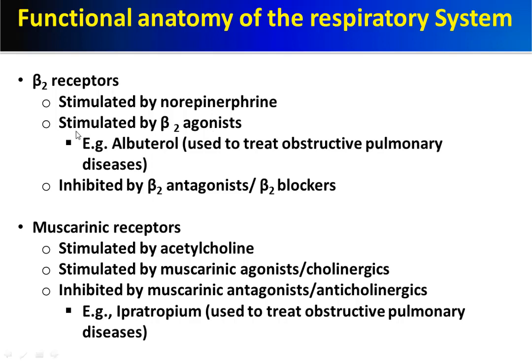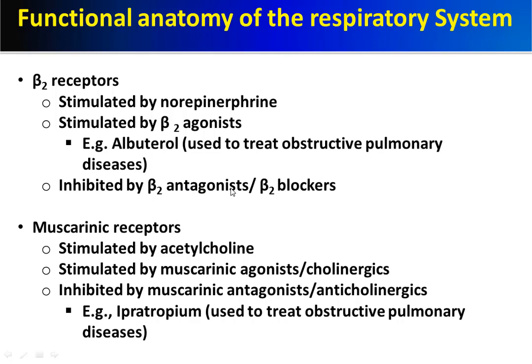Because these drugs cause relaxation of the smooth muscle cells and bronchodilation, they are used in the treatment of obstructive pulmonary diseases when there is airway constriction. These beta-2 receptors are inhibited by beta-2 blockers, which we also call beta-2 antagonists.